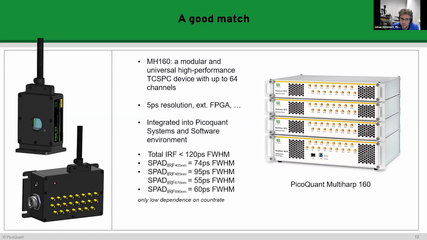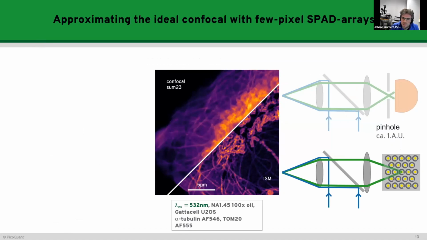And this combination of the 23 pixel detector and the MultiHarp combines very well with the PicoQuant environment, is directly compatible. And what this gives us now is the opportunity to do image scanning microscopy, meaning that we replace the typical confocal detector of a pinhole and a large detector now with a pixelated detector.